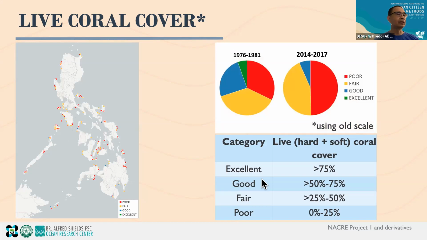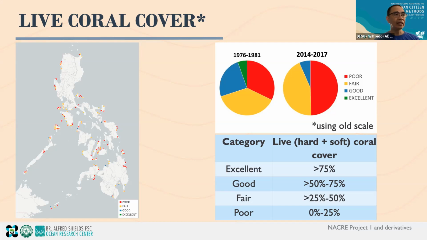So many people still use this scale, first presented in the 80s by Doctors Gomez and Alcala. The measure of reef status then is live coral cover, which is a confusing term because they defined it as the sum of soft and hard coral cover.